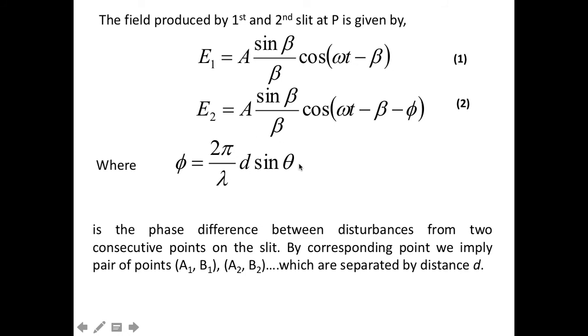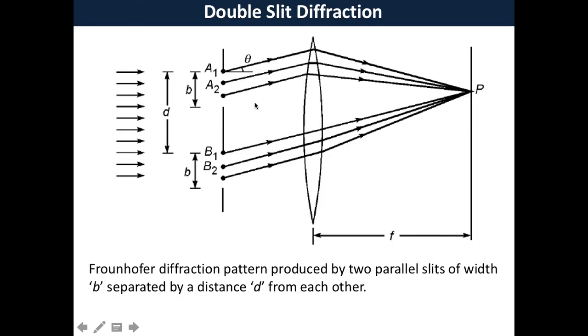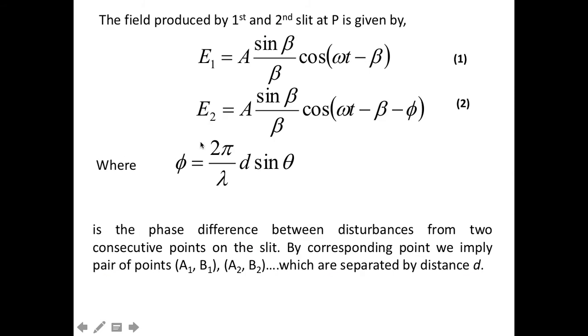You know the path difference d sine theta from this. Here the path difference between the two slits is d sine theta. If you consider this single slit, it is b sine theta. If you consider like this, the distance between A1 and A2 is delta, so delta sine theta. But here we know from the single slit result the phi is equal to 2 pi upon lambda d sine theta.